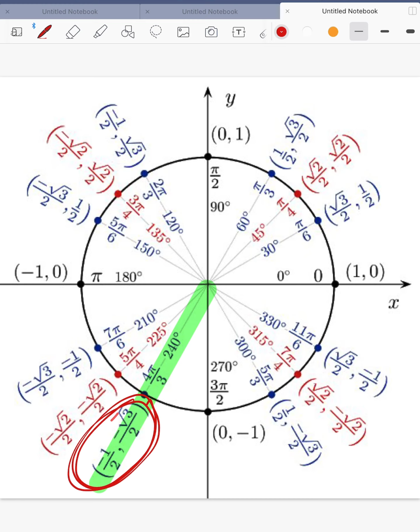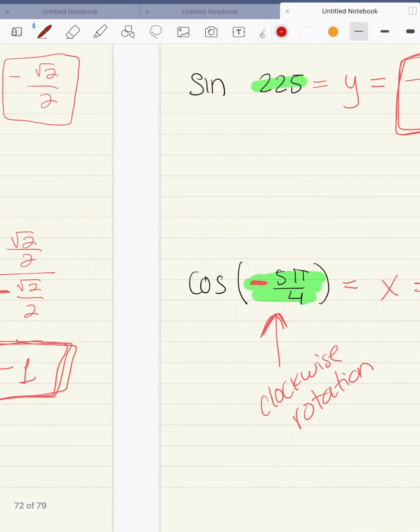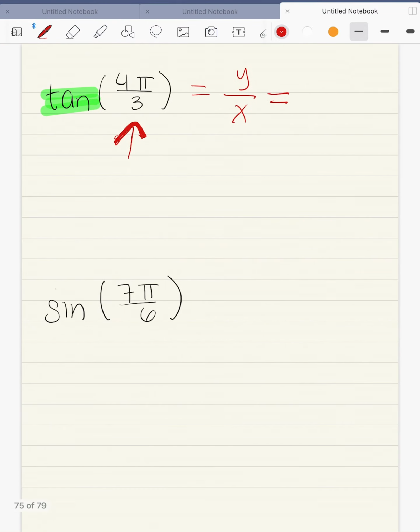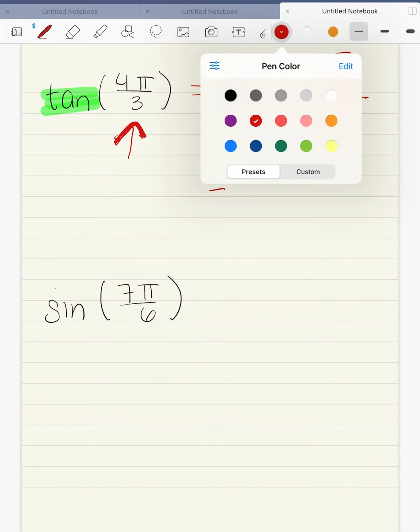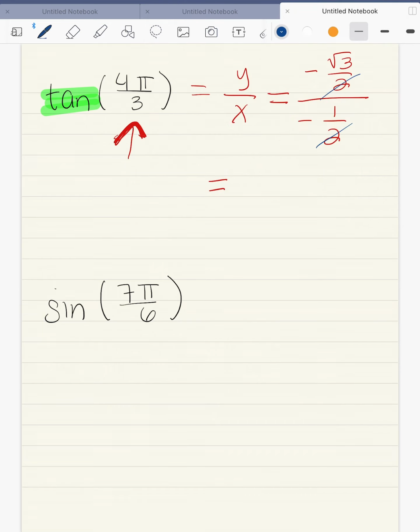So 4 pi over 3 will be negative square root of 3 over 2 divided by negative 1/2. So it will be negative radical 3 over 2 over negative 1/2. The 2's you cancel out. The negatives, you cancel them out.